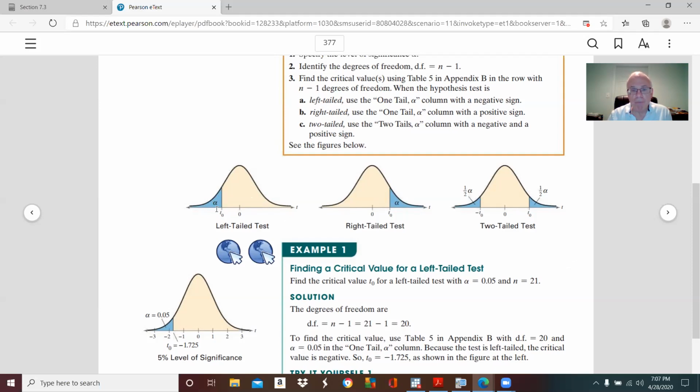Because we're finding t's instead of z's, we use inverse t to find this critical value. The area to the left would be alpha, and the degrees of freedom would be the sample size minus 1. So use inverse t, and you get your t sub 0.